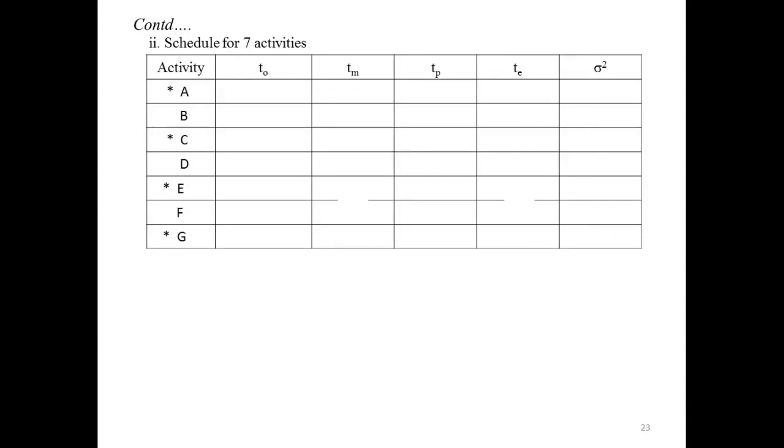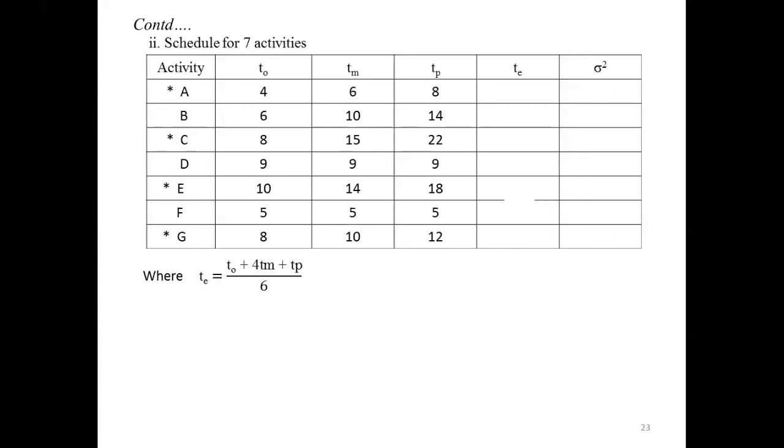And you know the critical path for the activity is A, C, E, G, and hence you have to represent a star mark for the respective critical activities. You write down the T0 values given in the question paper, and the TM and TP values are also given. After writing these values, as usual, you calculate T using this formula. If you calculate, you will get the values for each activity.